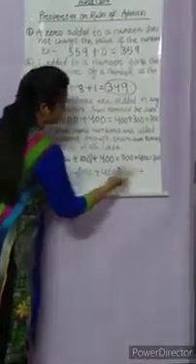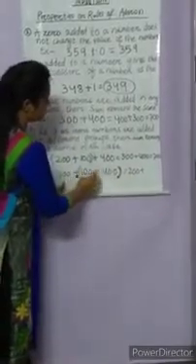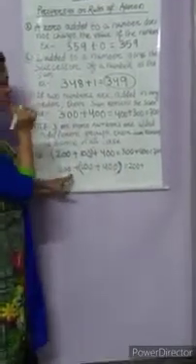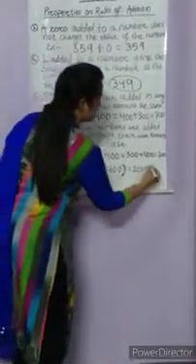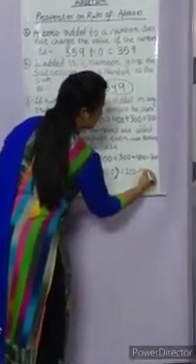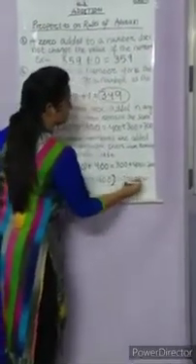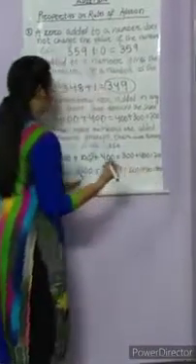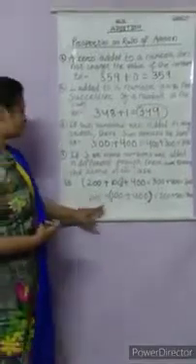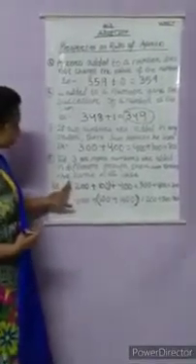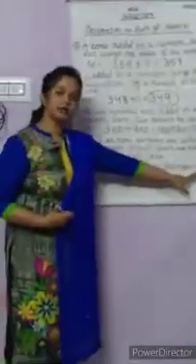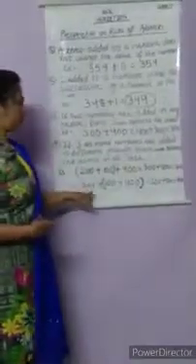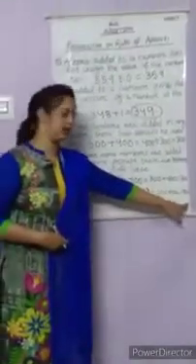I will add these 2 first. 100 plus 400. 100 plus 400 is how much? It is 500. Again 200 plus 500 is 700. So what we saw? We saw that in the first grouping also answer comes 700. In second grouping also answer is coming 700.